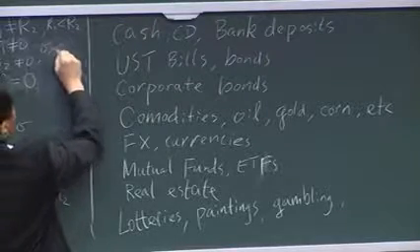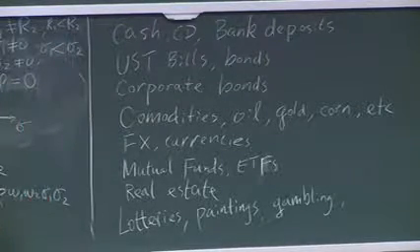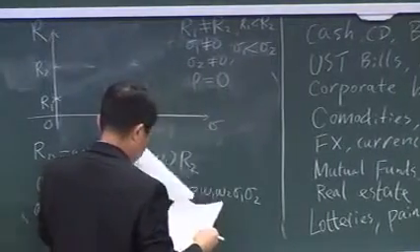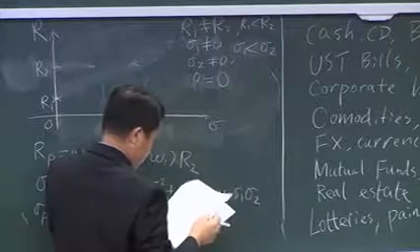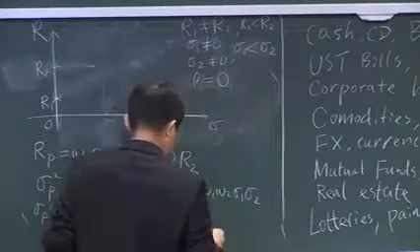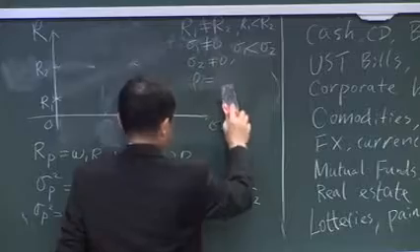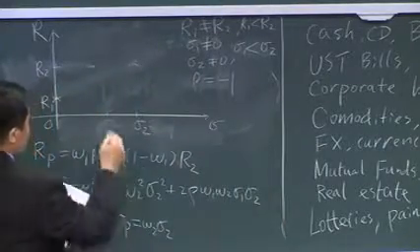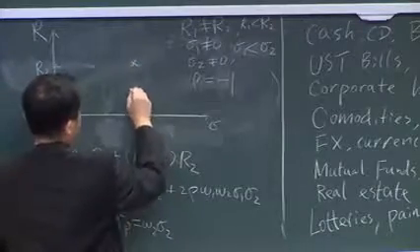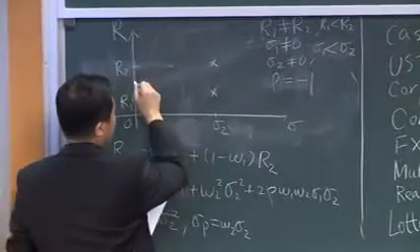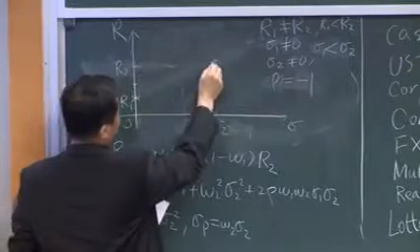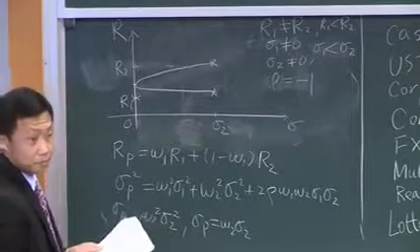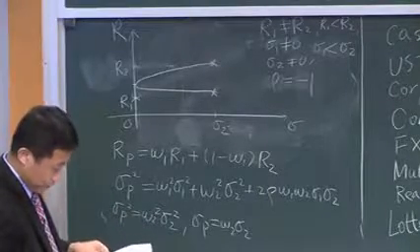Also, sigma 1 is less than sigma 2, but it has a negative correlation of 1. So you have asset 1, asset 2, and as we know, when you pick half and half, this goes to 0. So this is a quadratic function.